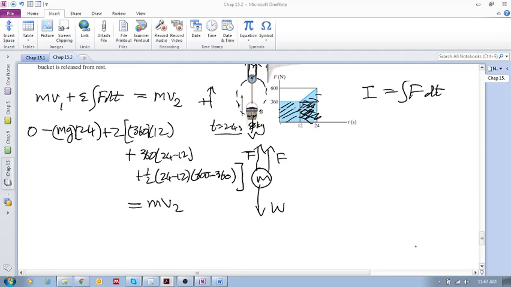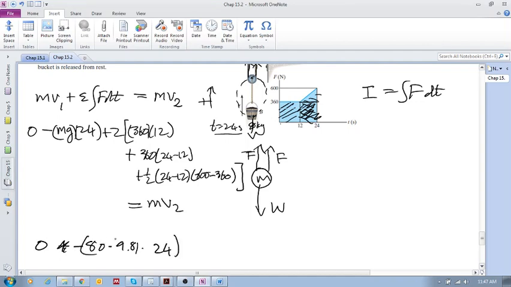So we then have 0, minus this over here will be just 80 times 9.81 times 24 seconds.